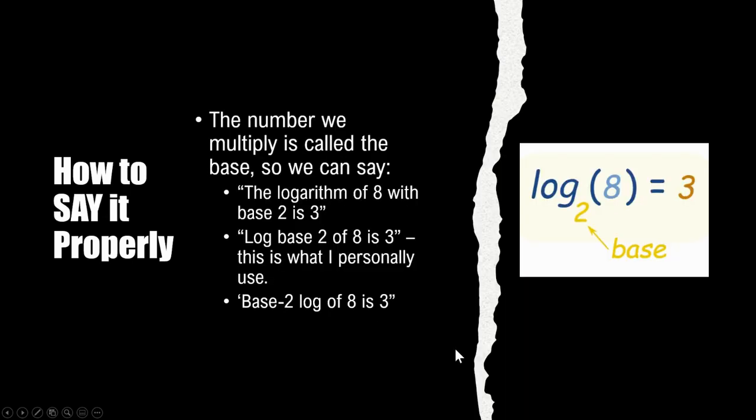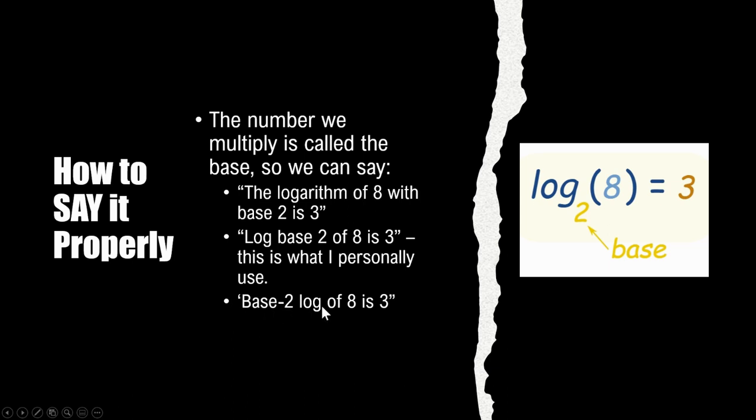All right, how to say it properly. The number we multiply is called the base. So we can say the logarithm of 8 with base 2 is 3. I don't say it like that. If you're looking at this picture, I say this one: log base 2 of 8 is 3. But I need to be a good teacher and tell you all the different things that you might hear.